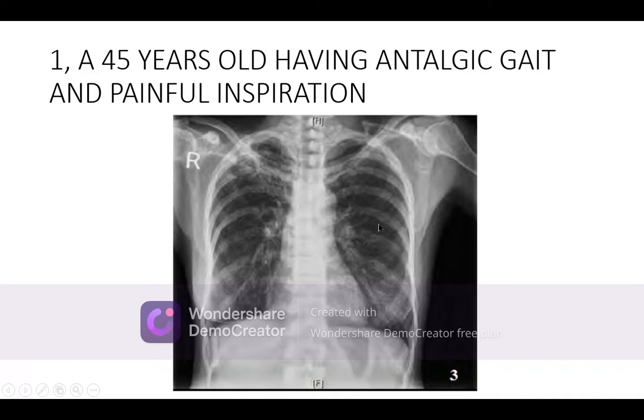Now, the terminologies which we use here for differential diagnosis are osteoporosis and adynamic bone disease, and pain occurs in the bones because of secondaries in the bones or the ribs.